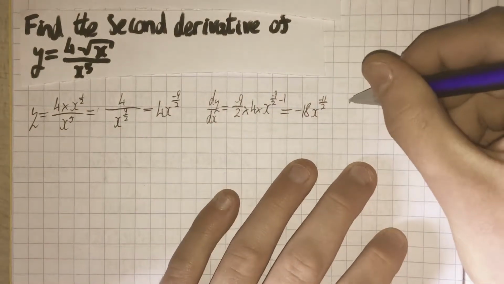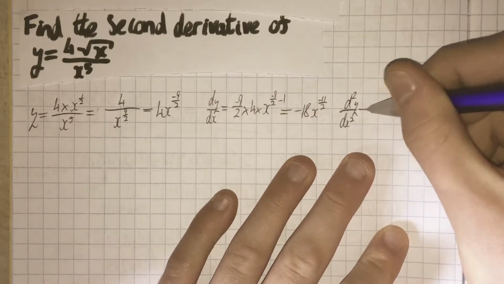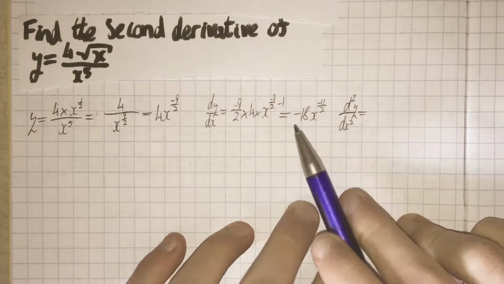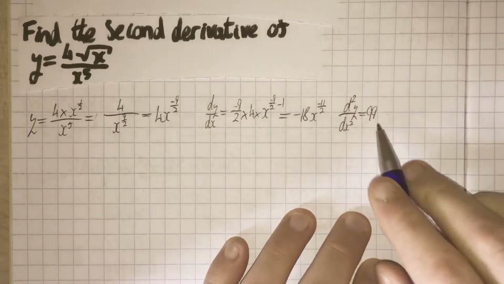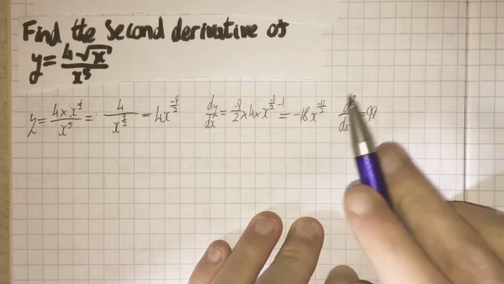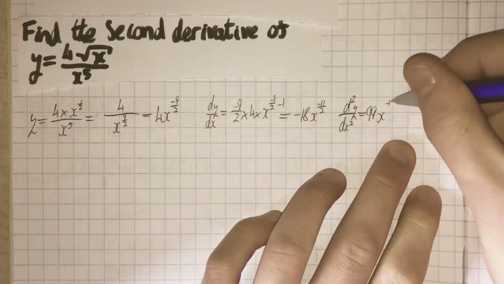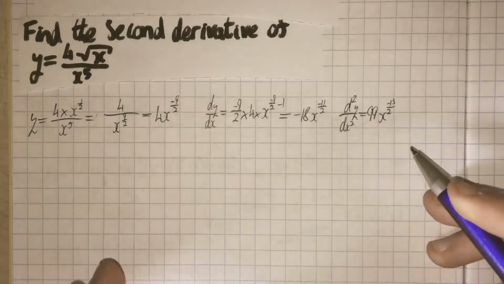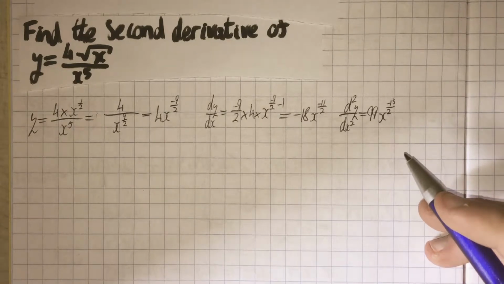So we're going to have d squared y over dx squared equal minus 11 over 2 times minus 18, which is 99, positive 99, minuses cancel off, and then we're going to have minus 11 over 2 minus 1, which gives us x to the power of minus 13 over 2. And that right there is your second derivative. That is the question done.